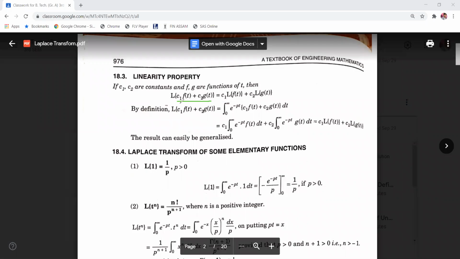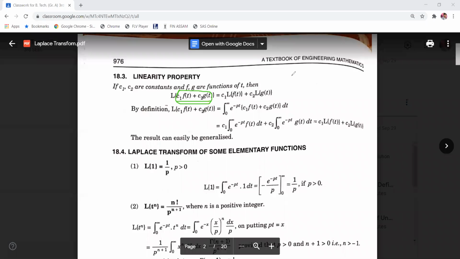Your question is to find the Laplace transform of this whole function. That means this is a linear combination of f of t and g of t, C1 f of t plus C2 g of t. Here C1 and C2 are constants.